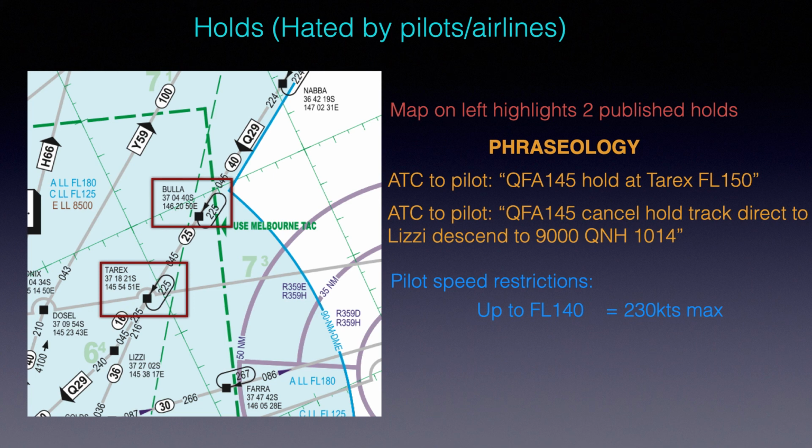You cannot go any faster. So that's something you have to be aware of. I'm not sure if it's programmed in the FMC, but that's something you have to keep in the back of your mind.